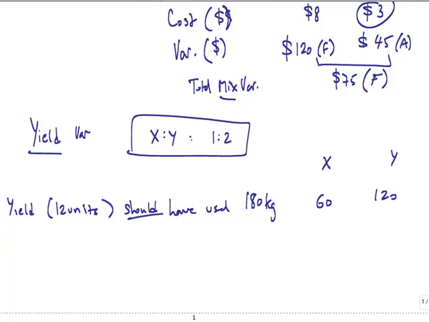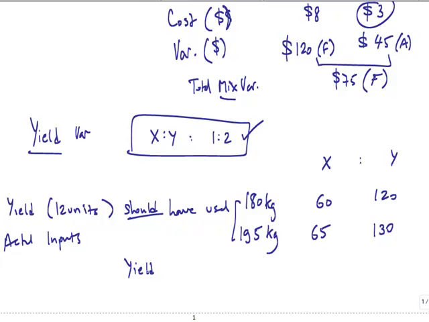Now, the actual inputs used were a total of 195 kilograms, and this gets to the root of the variance as seen from a yield point of view. We express the 195 kilograms in terms of X and Y, preserving the same mix, which gives us a standard mix of 65 and 130. Now we can calculate the yield variances.